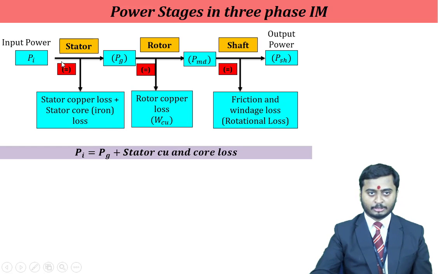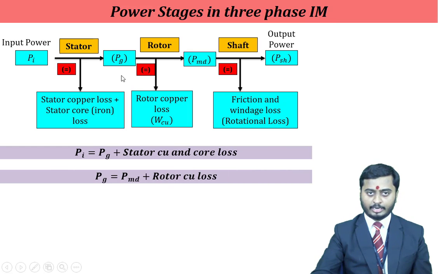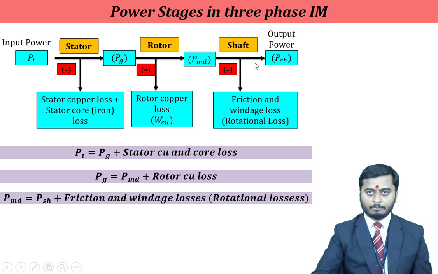Then the second relation is PG equals rotor copper loss WCU plus PMD, that is mechanical power developed. And third, PMD equals PSH plus friction and windage losses, which are also called rotational losses.